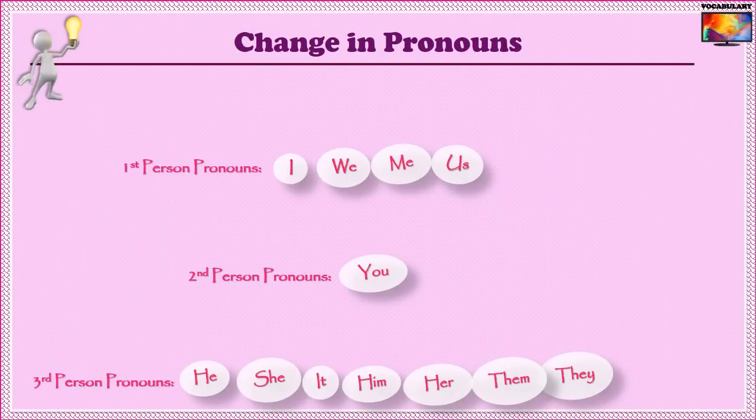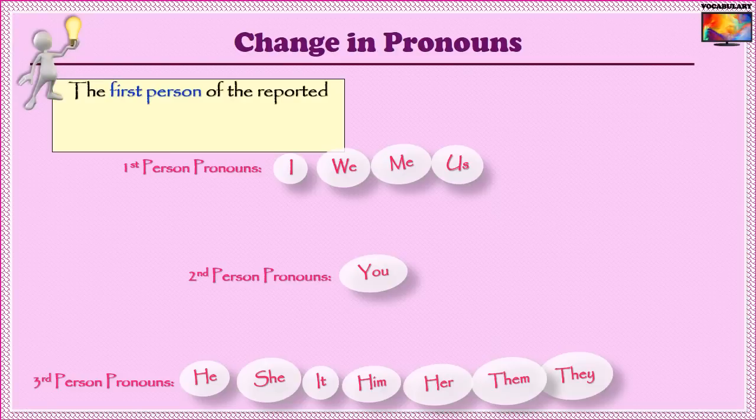There are changes in pronouns in reported speech. I guess I don't need to elaborate on this much because no one gets a question on reported speech wrong because of pronouns. Still, the pronouns of the direct speech are changed where necessary to reflect their relation with the reporter. They change in the following ways.